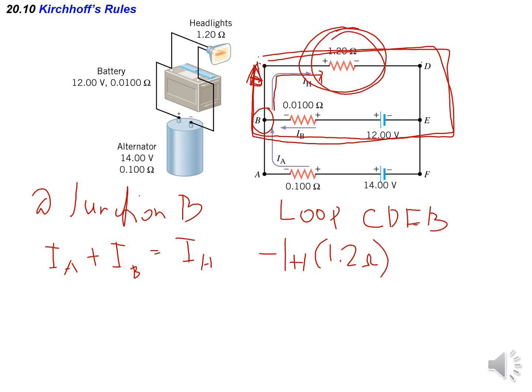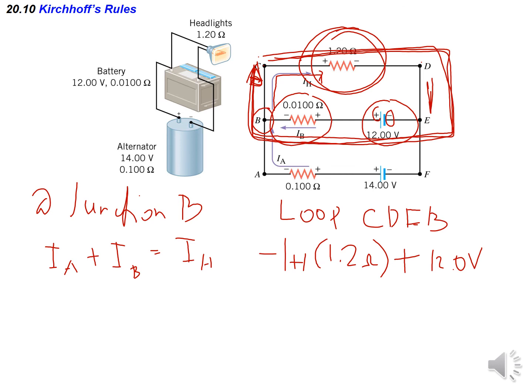That is for this component. There's no component from D to E. Then let's proceed here. This is 12 volts. Here is the direction of the travel, and according to the direction of travel, this is negative first before positive. So negative to positive, we use positive electromotive force, so positive 12.0 volts. Then let's proceed with this one.